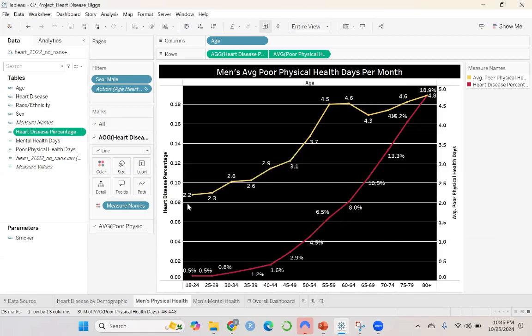So as you can see, there's a clear correlation between age and poor physical health days increasing along with heart disease. Kind of to be expected, right?